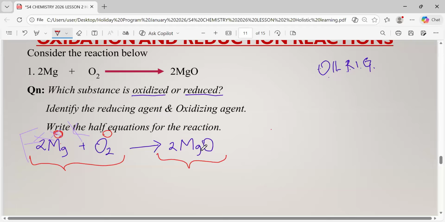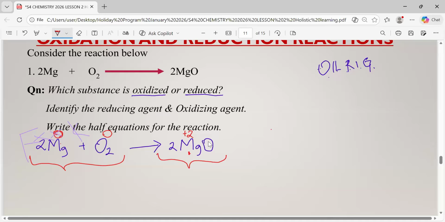Now, on the product side, because magnesium and oxygen have combined to form a compound, it's no longer a free element. But there's something they told us. Magnesium is in group 2, and they told us that group 2 elements always have an oxidation state of positive 2.